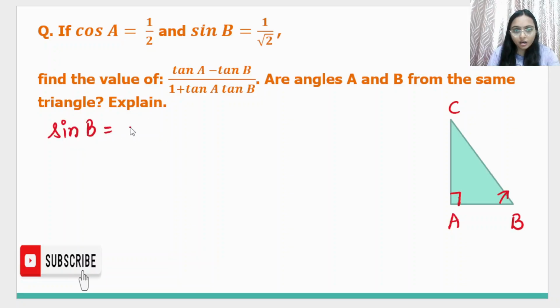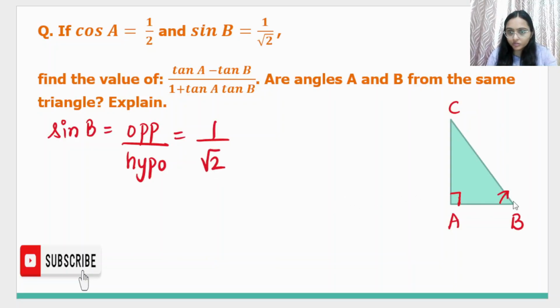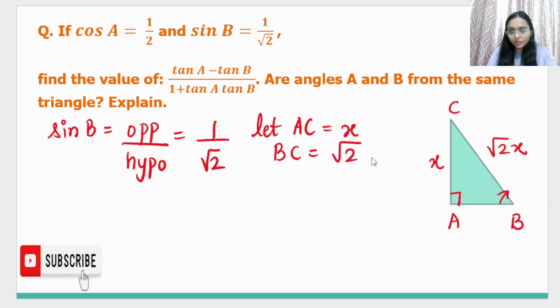Sin is opposite side upon hypotenuse, which is 1 upon root 2. So opposite is AC. So let AC equal x, and hypotenuse in this is the side opposite to the 90 degree, which is BC. So let BC equal root 2 x.